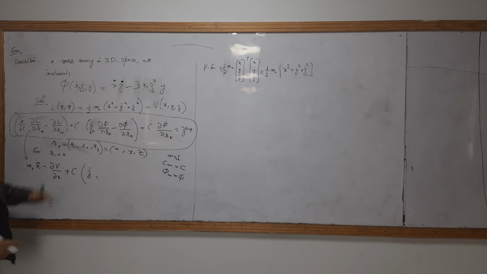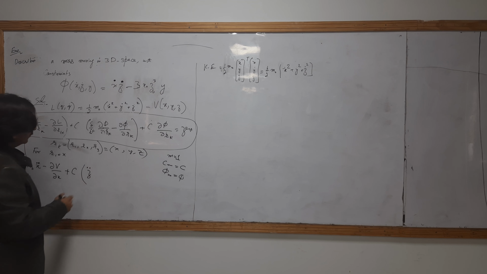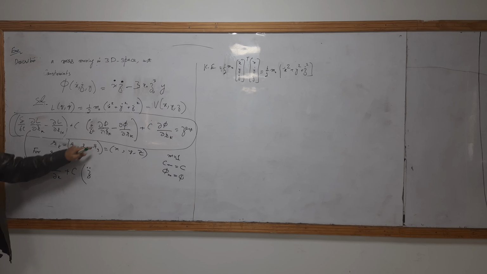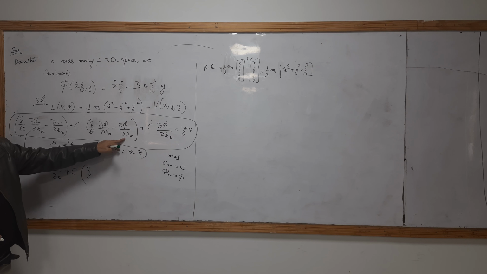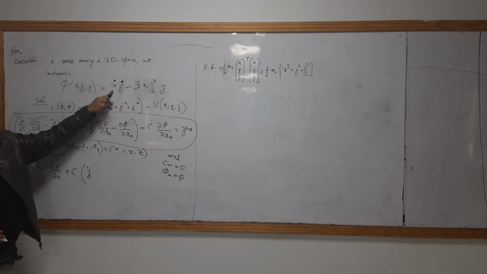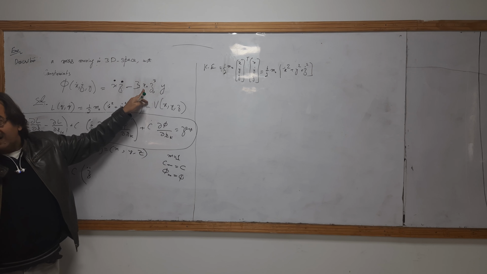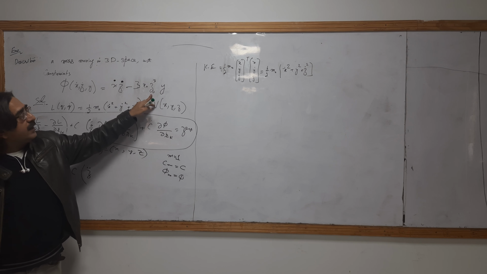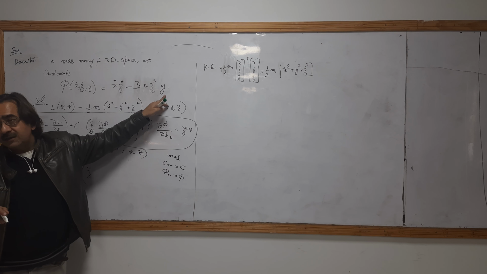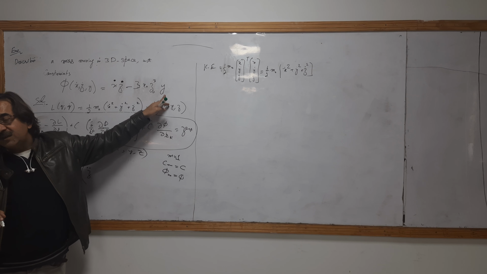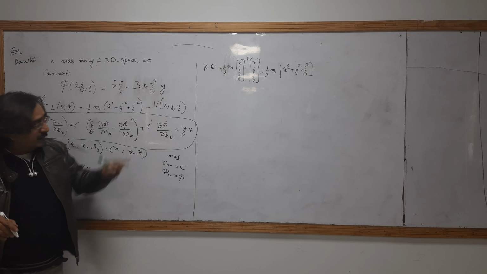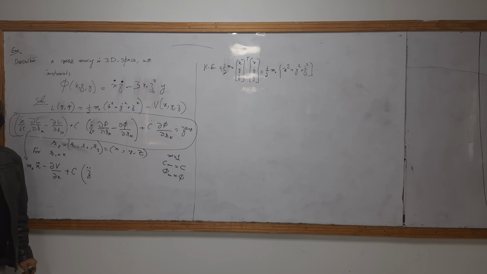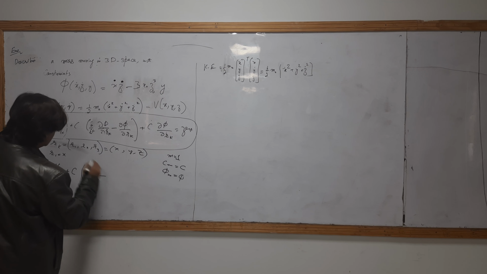When you take the time derivative, that becomes a dot. Here x naught and z naught are constants, y is a variable, but the partial derivative of y with respect to x is 0, so this becomes 0.